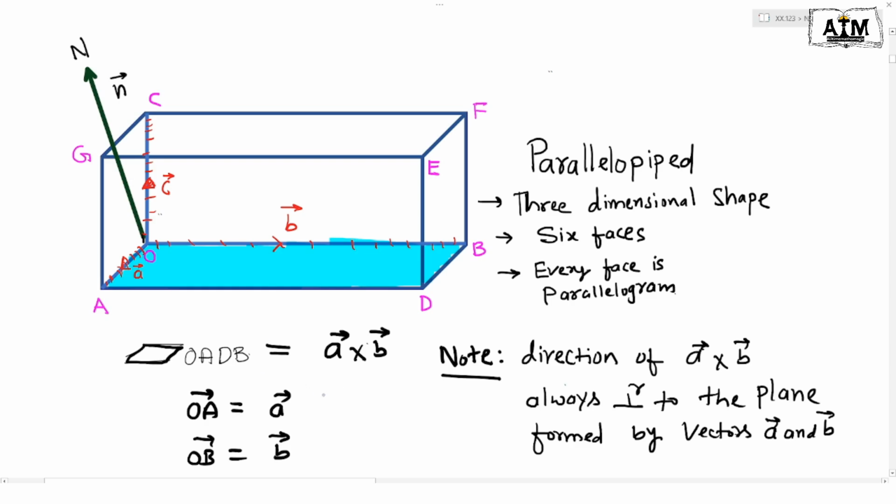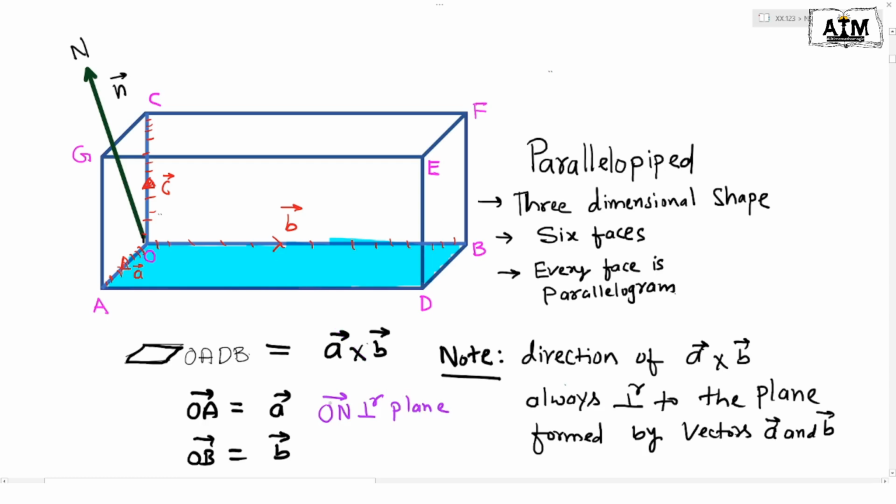Therefore, here in the diagram, the vector ON is perpendicular to this plane, that is the shaded region.